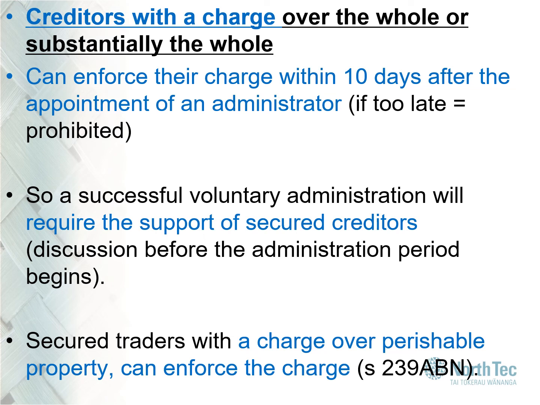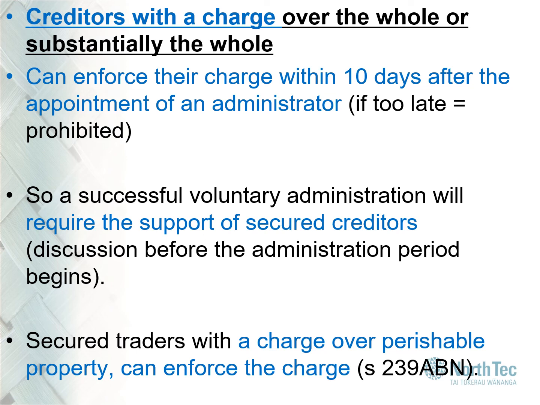So you can see that it's very important for a successful voluntary administration. We require the support of secured creditors. The company will require their support. And the only thing that you can do is to go and discuss it with them before the administration period even begins. Because if you can get their support, it can go through.